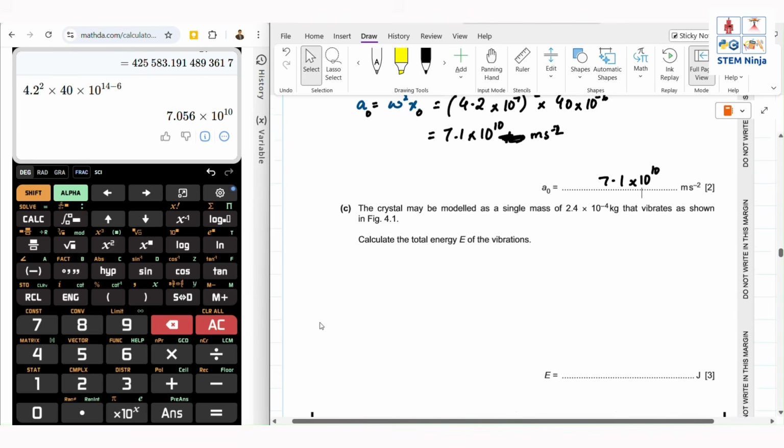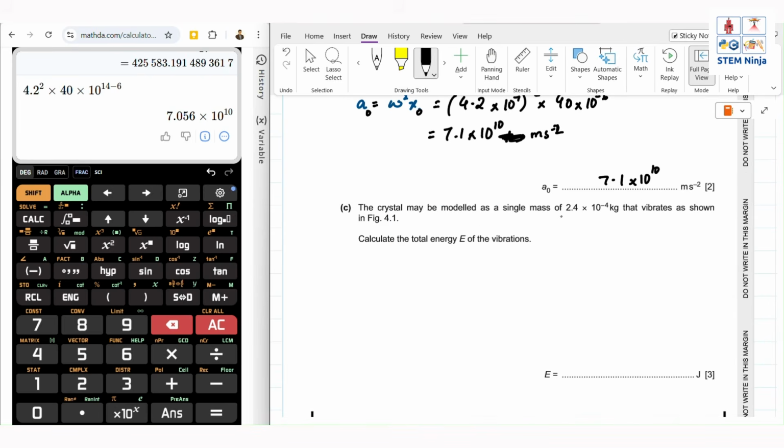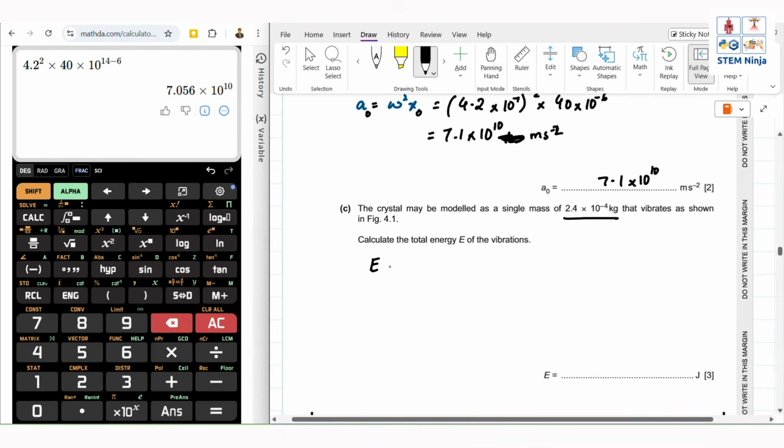The crystal may be modeled as a single mass of 2.4 × 10^-4 kg that vibrates as shown in figure 4.1. Calculate the total energy E of vibration. Total energy, remember, is equal to half m omega squared x naught squared.